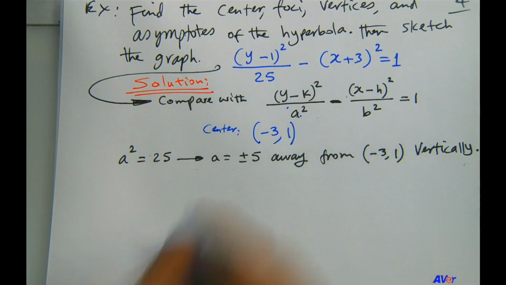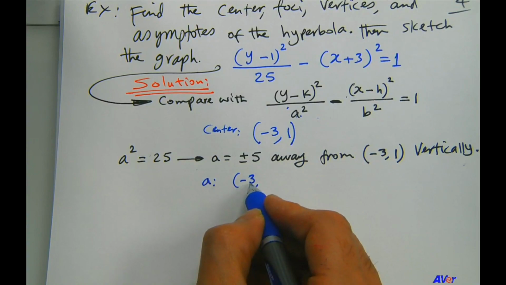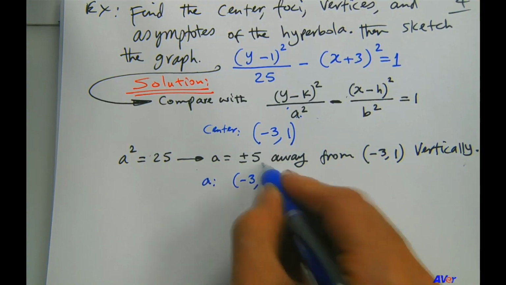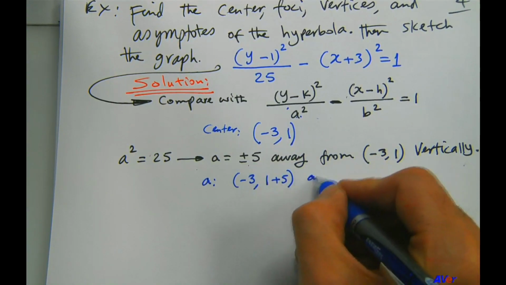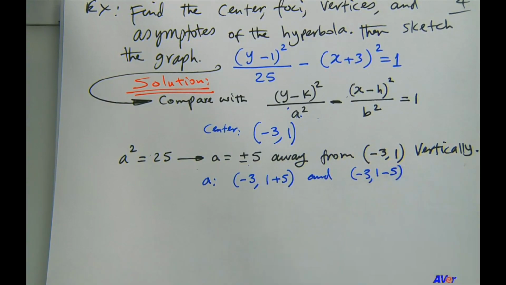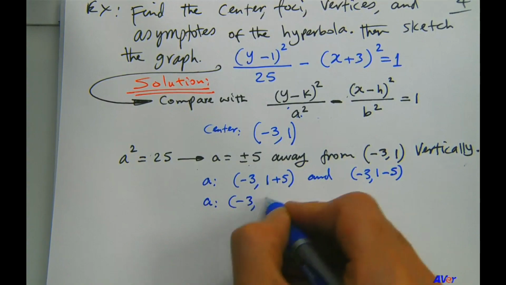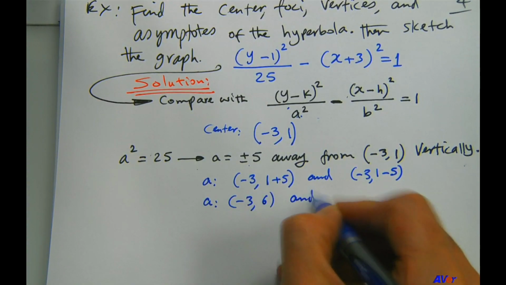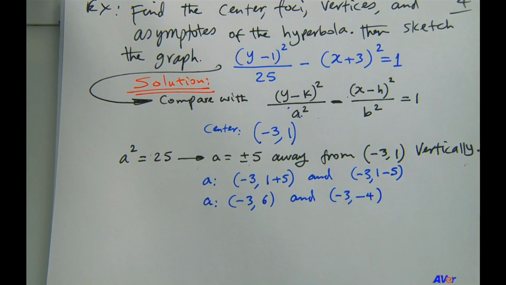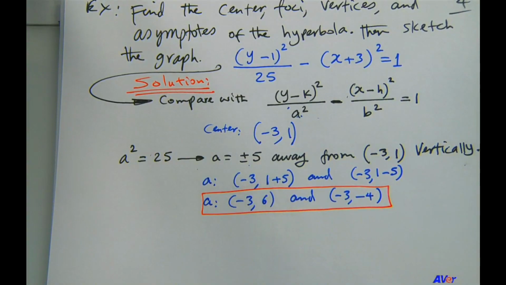So a will be minus 3, notice minus 3 stayed the way it is, 1 plus 5, and then minus 3 comma 1 minus 5. Okay, so let's clean this up: minus 3 comma 6 and minus 3 comma minus 4.